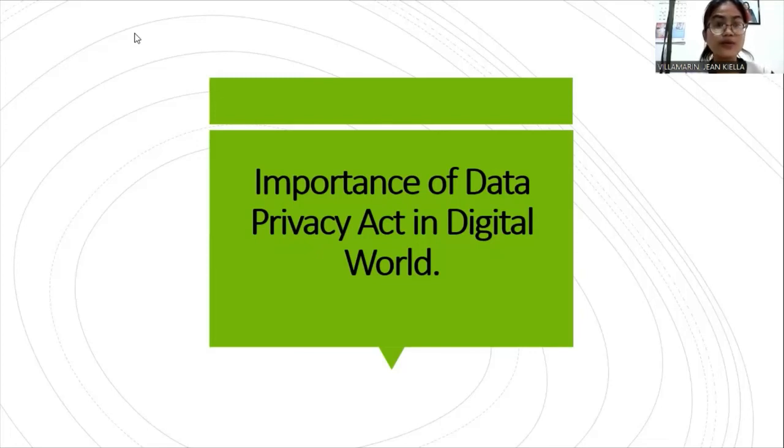From that moment, our mistakes will be processed under the law with the use of the Data Privacy Act and its salient features, and then we have a chance to correct what has been done. That's how important the Data Privacy Act is in the digital world.